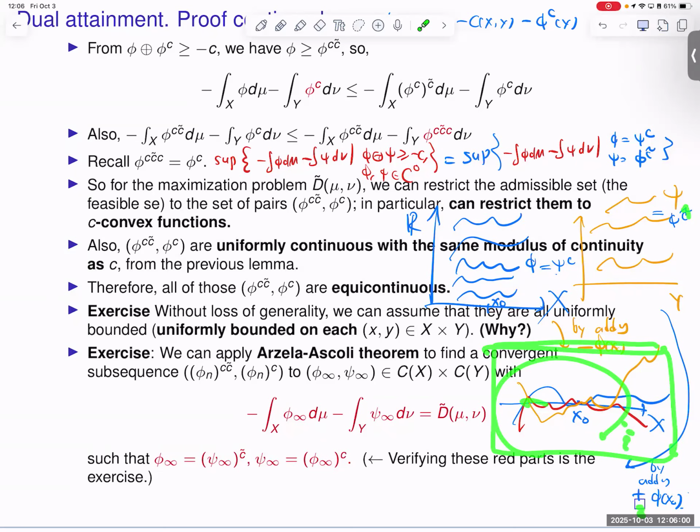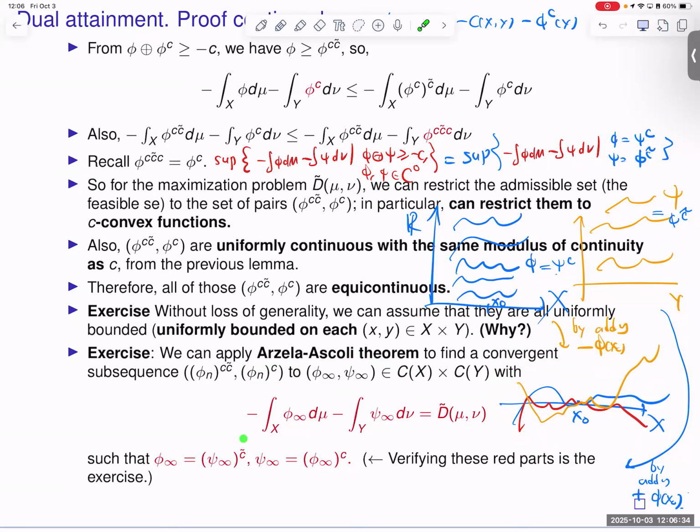If the functions are bounded and c is bounded, then the corresponding c-Legendre transform, taking supremum or infimum, is still bounded. So that's why you get boundedness for all these pairs phi and psi, by just adding one constant there and subtracting that same constant from the other. Then you can apply Arzelà-Ascoli. Then you have a convergent subsequence, which converges.